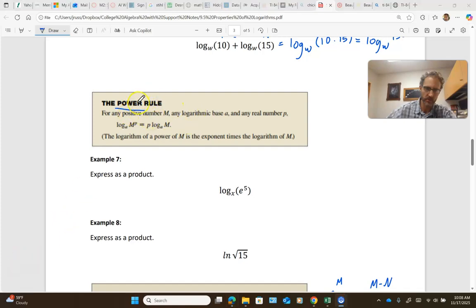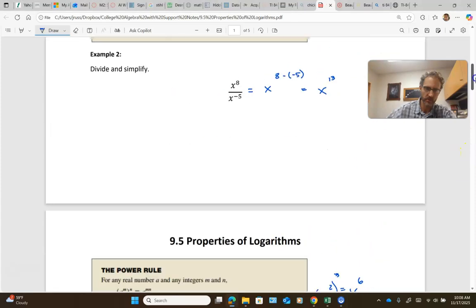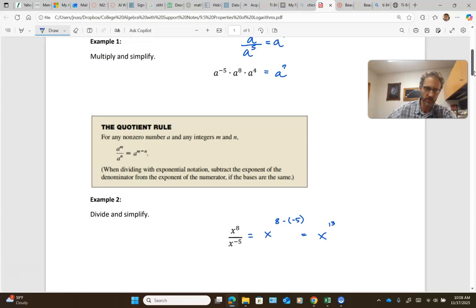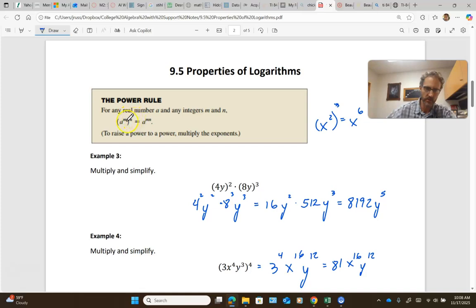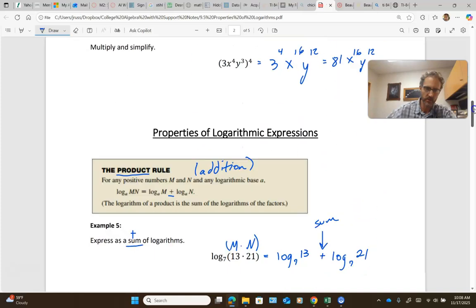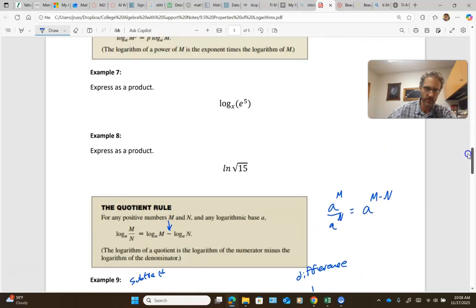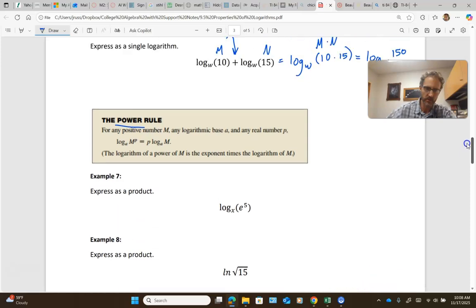The power rule corresponds to the power rule with those exponential expressions. It said that if you're raising an exponential expression, so you already have an exponent, to another power, then you multiply those two exponents. Well, with logarithms, here it is.